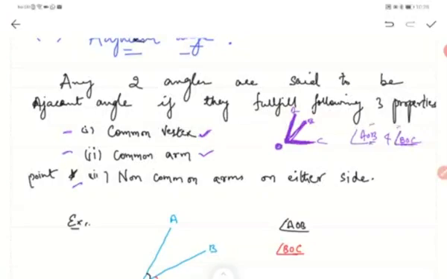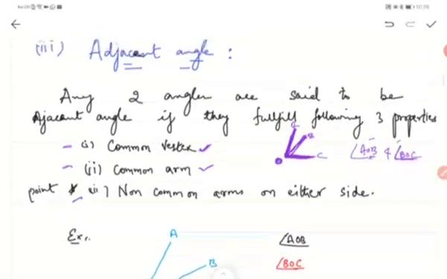The third rule is a bit tricky, but you can understand it easily: non-common arms should be on either side. In the next video, when I take an example of this, you will clearly understand what this statement means.